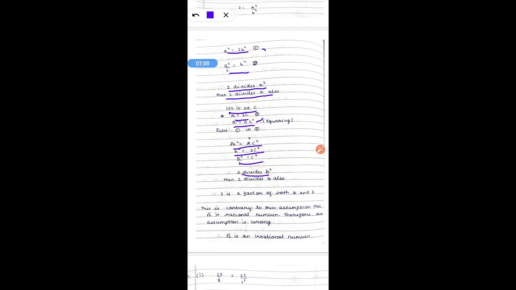This shows that 2 divides both a and b, which is contrary to our assumption that a and b do not have any common factor, but here we have 2 as a common factor. This is contrary to our assumption that root 2 is a rational number. Therefore, our assumption is wrong. Therefore, root 2 is an irrational number.